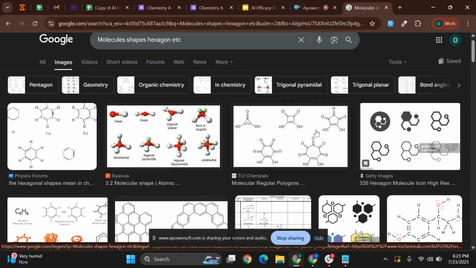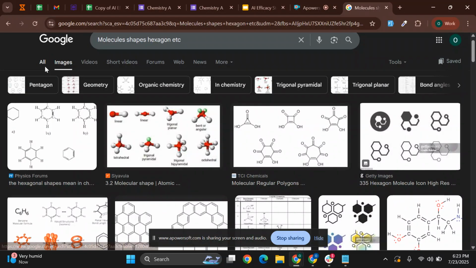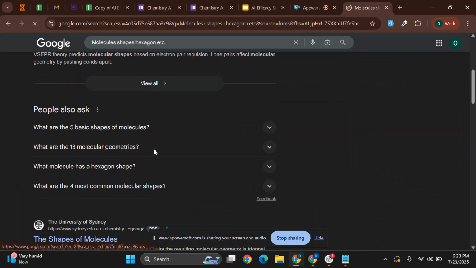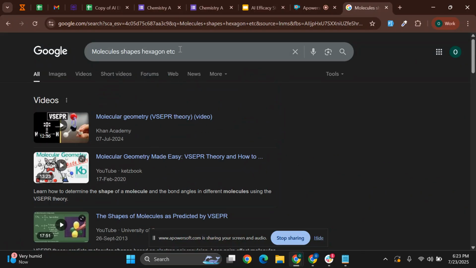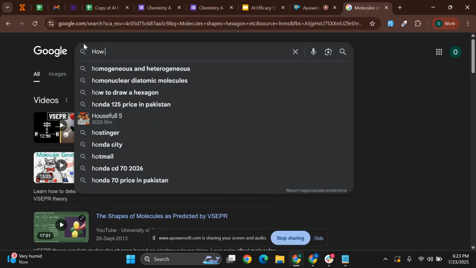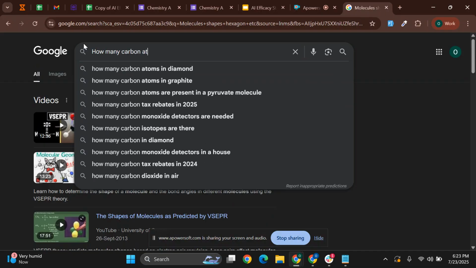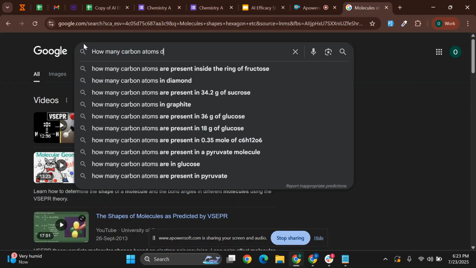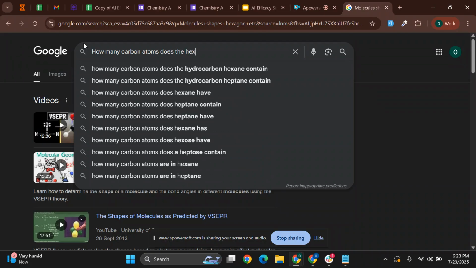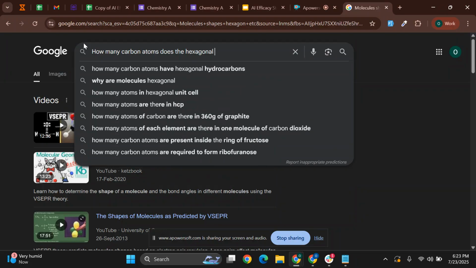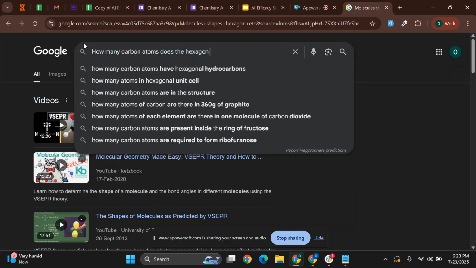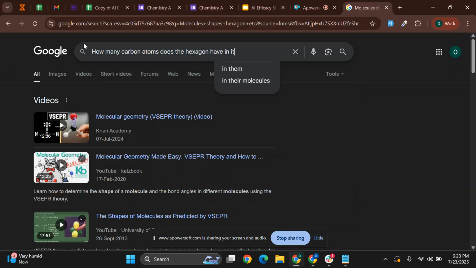Let's get into the detail. How many carbon atoms does the hexagon have in it?